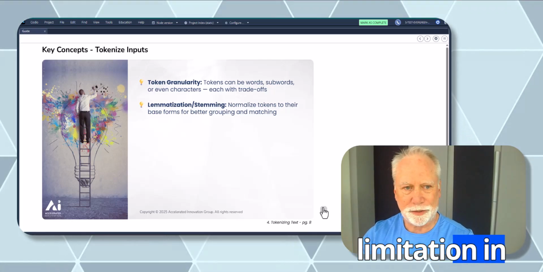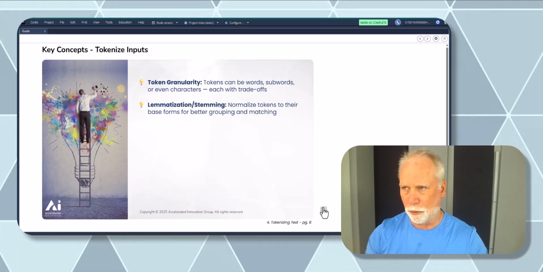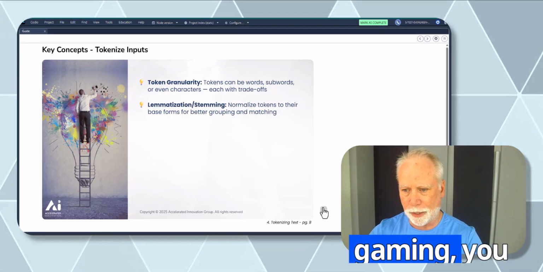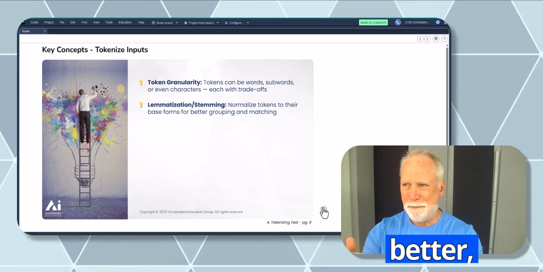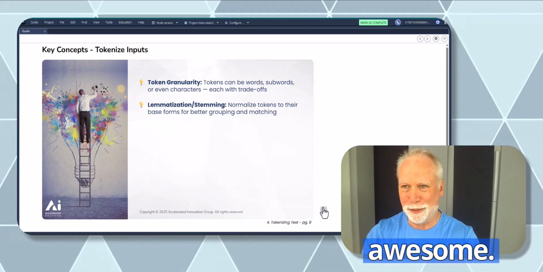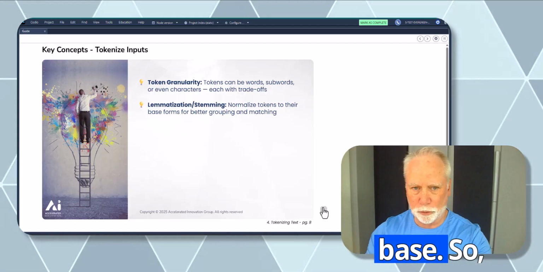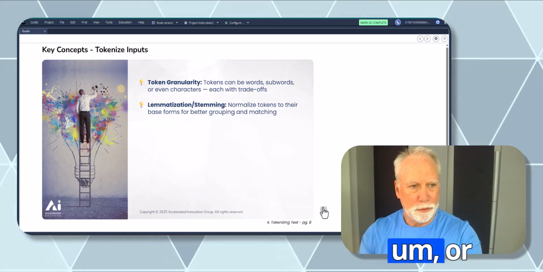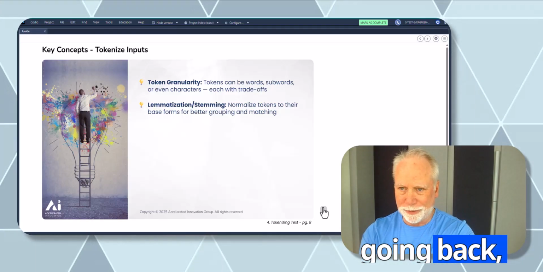Then we have lemmatization and stemming. What this does is normalize tokens to their base form, like better, best, and so on. It'll bring it down to its base word, like grow. It'll bring it back down to grow.